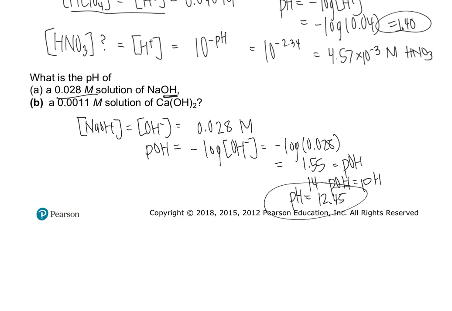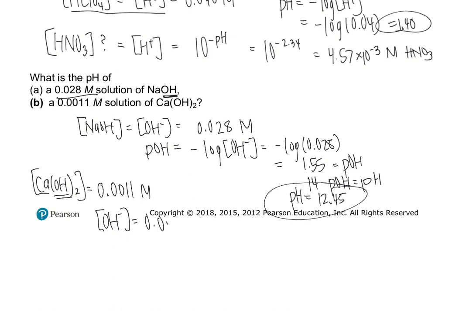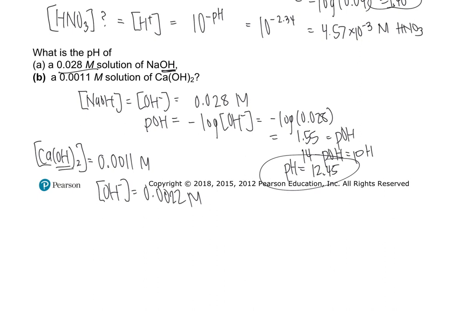For this next one, I have a calcium hydroxide solution that has a concentration of 0.0011 molar. So that means because I have two hydroxides, my concentration of hydroxide will be double that, 0.0022 molar. So now I can find, let's do the other way. We'll do Kw equals OH times hydrogen ion.